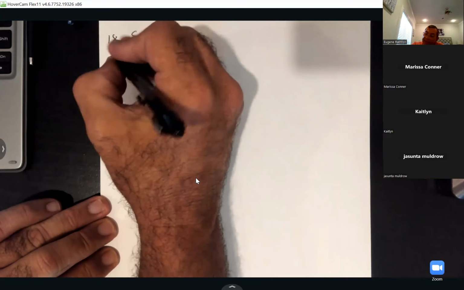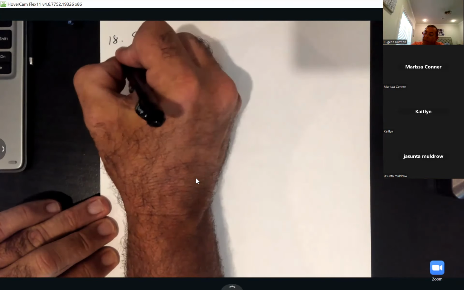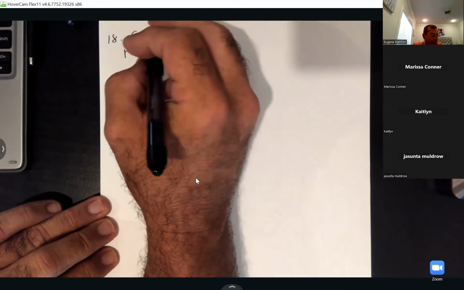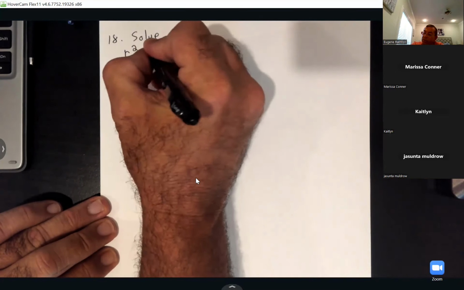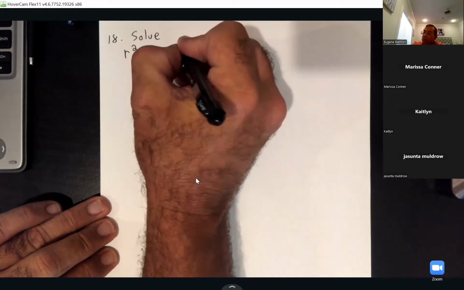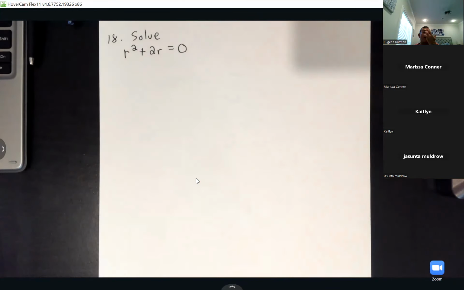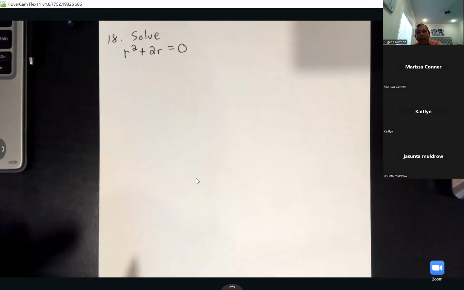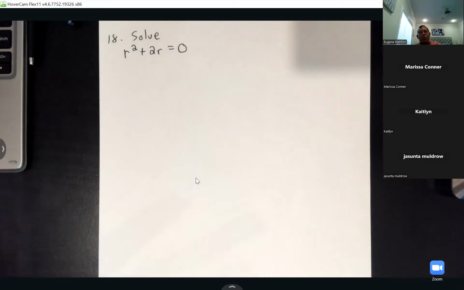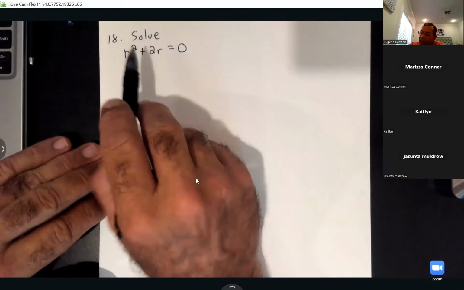Now this one has r squared plus 2r equals 0. Now remember, when we got to r squared stuff, we got to solve these by factoring. So remember, the first step I said on factoring on these equations was to look for a GCF.